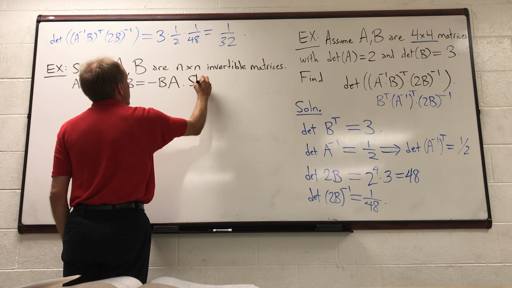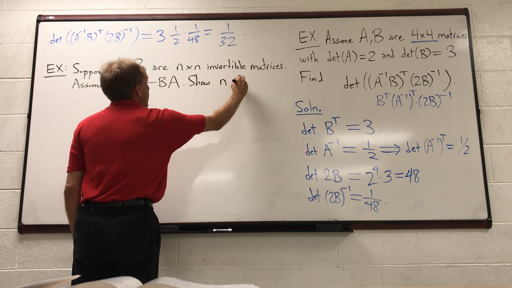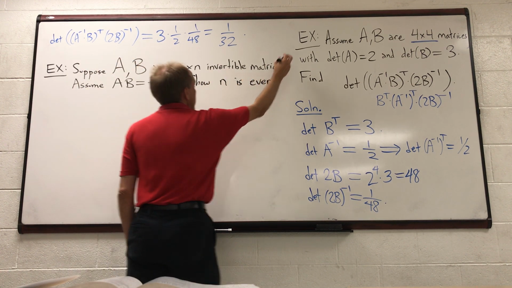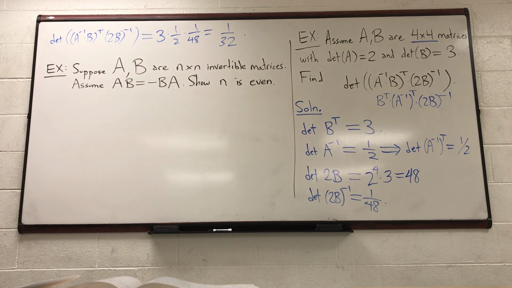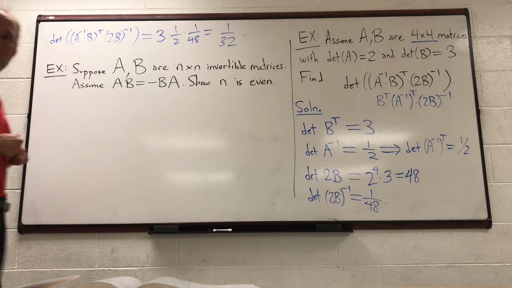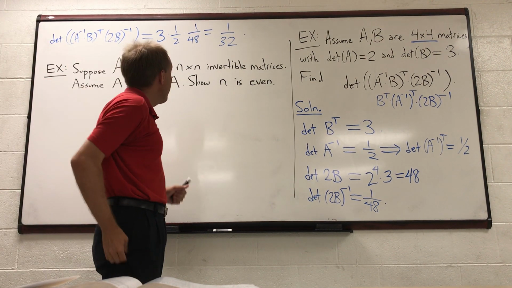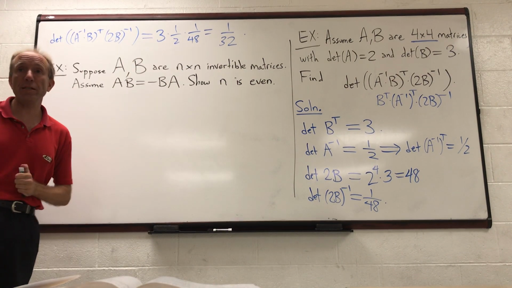Let's show that n is even. Kind of weird. It has to be a 2x2 or 4x4 or 6x6 or 8x8, right? You can't have odd-sized matrices.